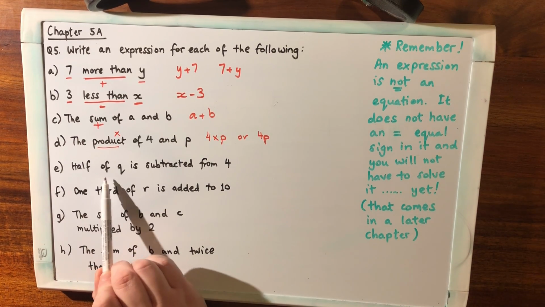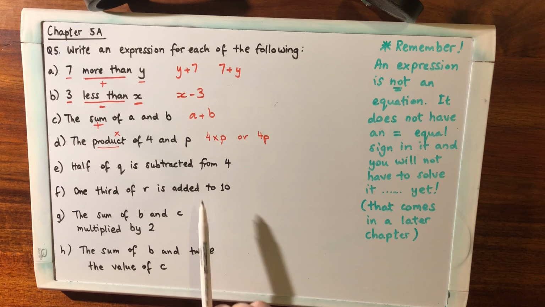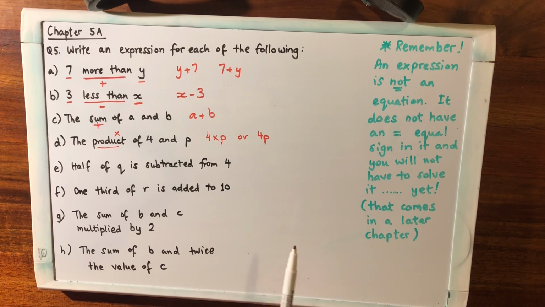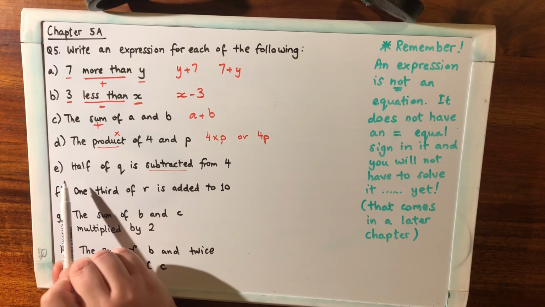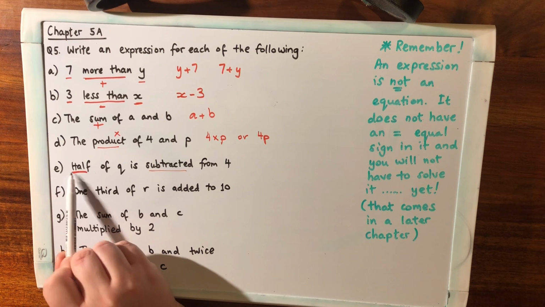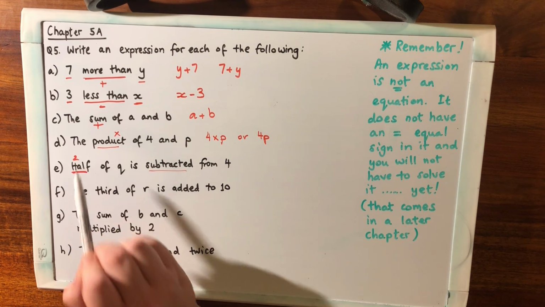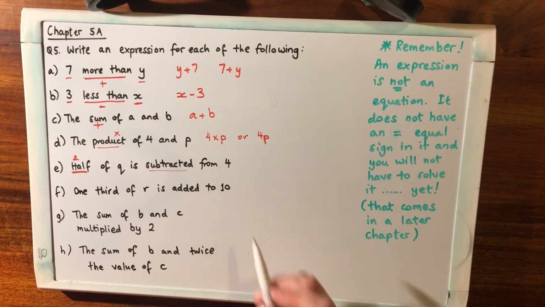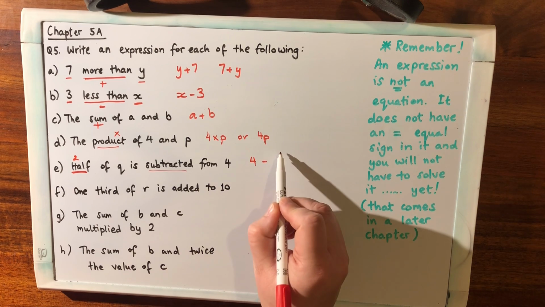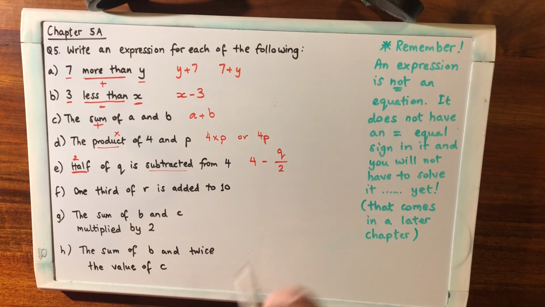E, half of Q is subtracted from 4. So here we've been given the clue subtraction. There's another clue here, half. Okay, when we're looking at half of something, we're going to be dividing. Dividing by how much? Well, half is 2. So that would be 4 minus Q divided by 2.